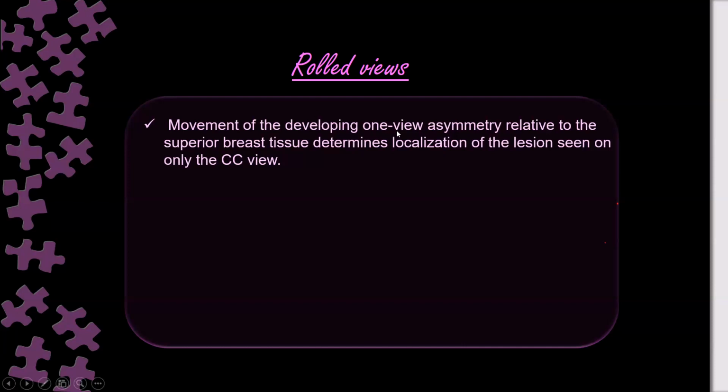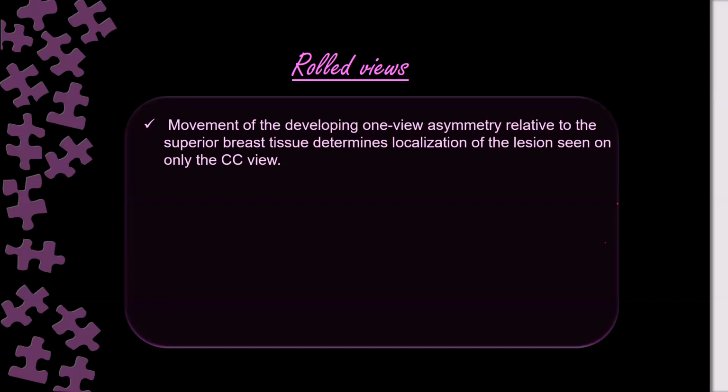So, rolled views. Movement of the developing one-view asymmetry relative to superior breast tissue determines localization of the lesion seen on the CC view. We agreed that the lesion is a single view asymmetry, seen only on the CC view, not seen on the MLO or straight lateral.